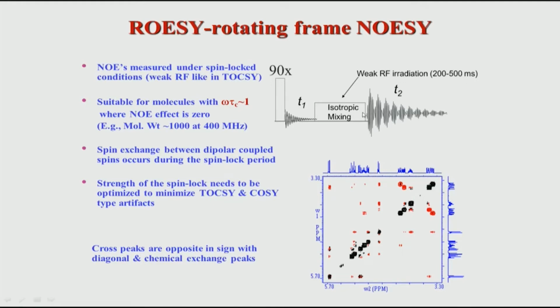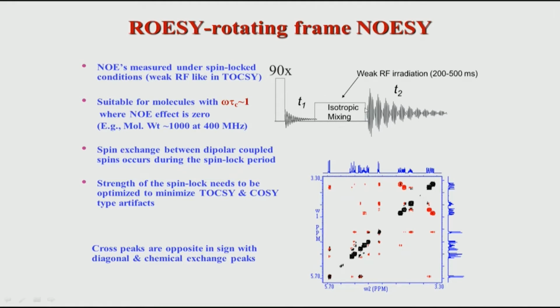During this time, it decreases because of T2 relaxation. Remember, T2 relaxation happens in the xy plane, and T1 relaxation happens in the z axis when magnetization is going to the z axis. So, T2 relaxation starts playing a big role in this case.